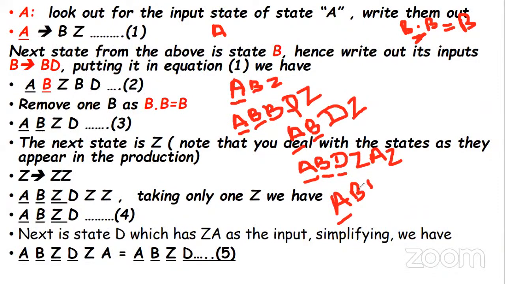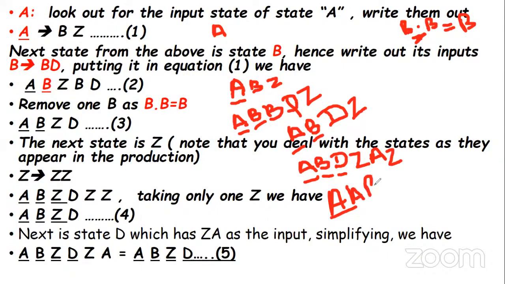Sorry, this is not correct, so let me cancel it and redo the result. So you have A, which is being processed. Then you have another A that is just coming in, not processed.